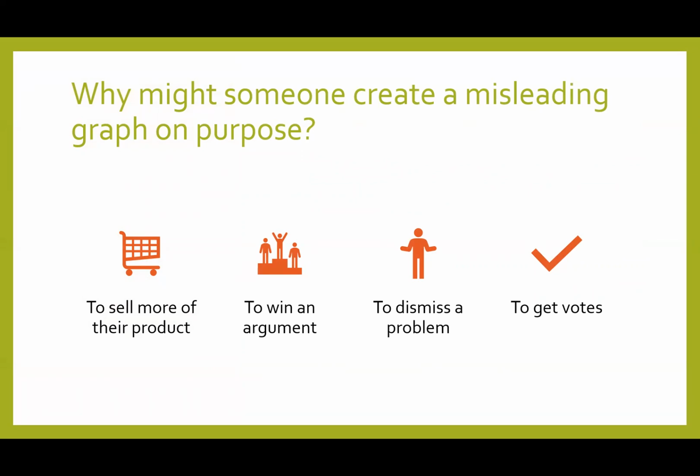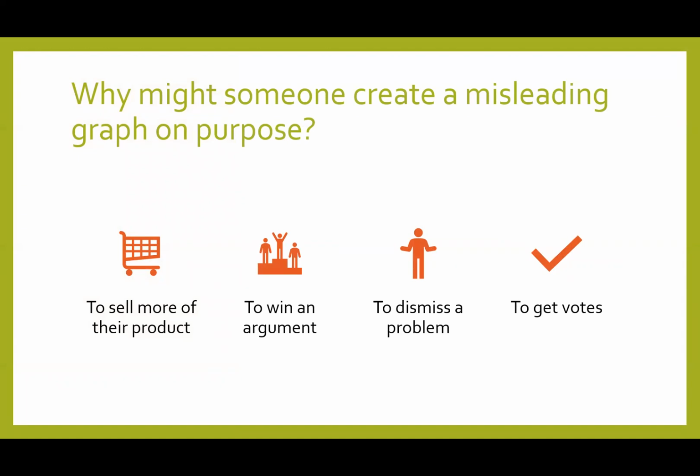If just a regular individual is making a misleading graph, that might be because they're trying to win a specific argument. A company could do that as well, or a politician, to dismiss a problem. So maybe someone says, hey, climate change is a problem. And then to dismiss that problem, somebody presents a misleading graph that says, actually, Earth's temperatures are not changing that much if you look at this visually altered graph that I've purposely created in a misleading way.